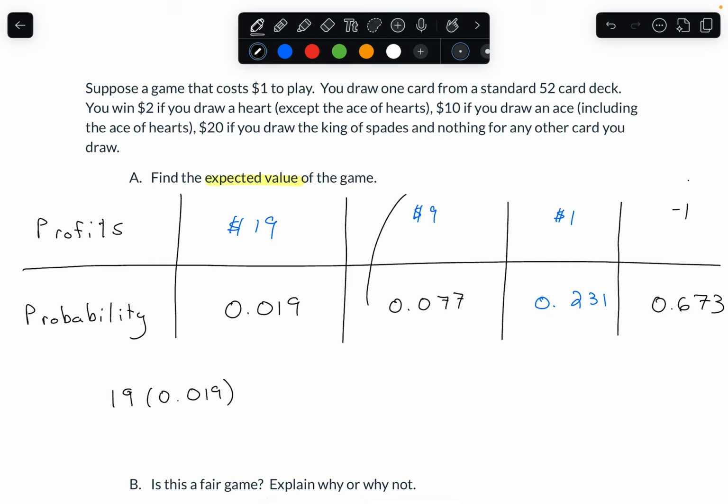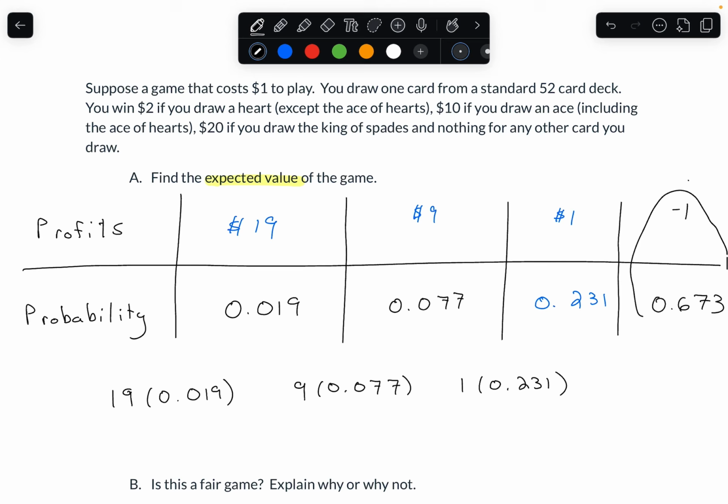So I'm going to take $9 times the probability for which it occurs, 0.077. And then I'm going to do the same thing for $1 times 0.231. It's probability. And then same thing for this last outcome right here.